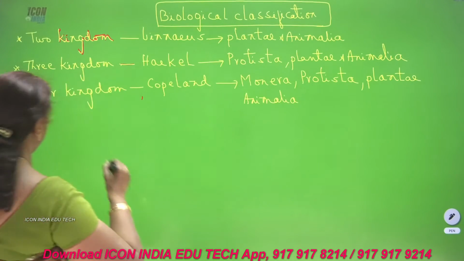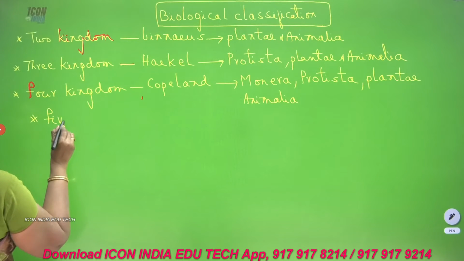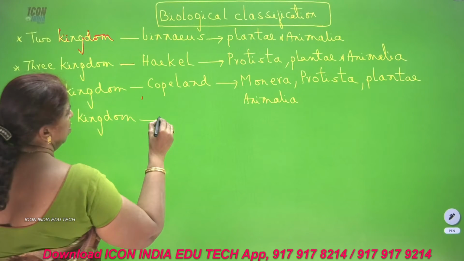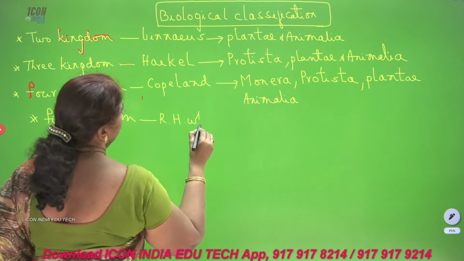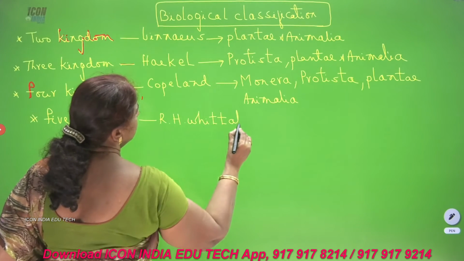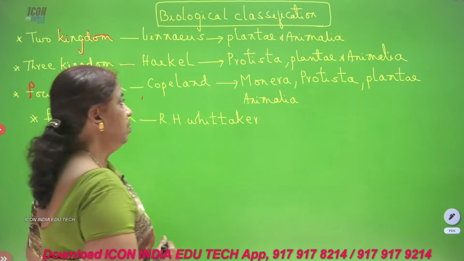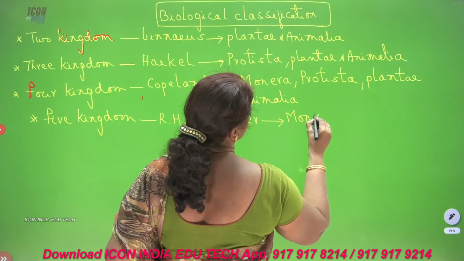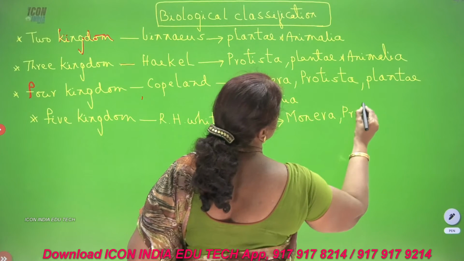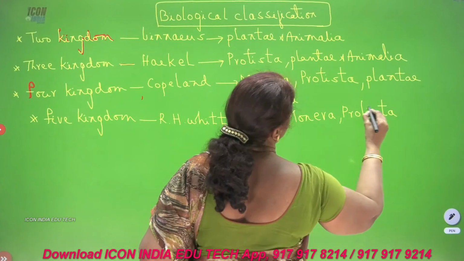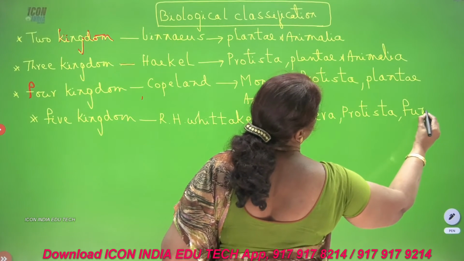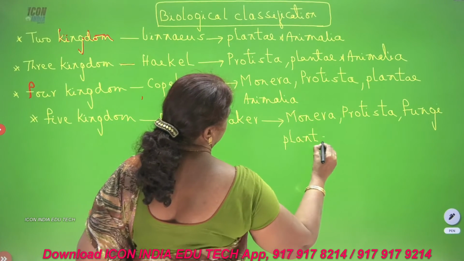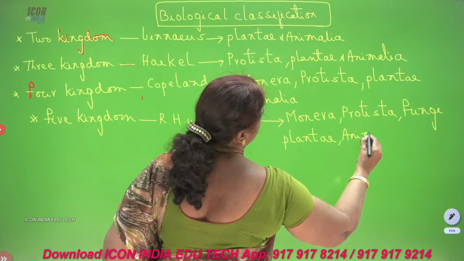The five kingdom classification was proposed by Whittaker, R.H. Whittaker proposed the five kingdoms: Monera, Protista, Fungi, Plantae and Animalia.